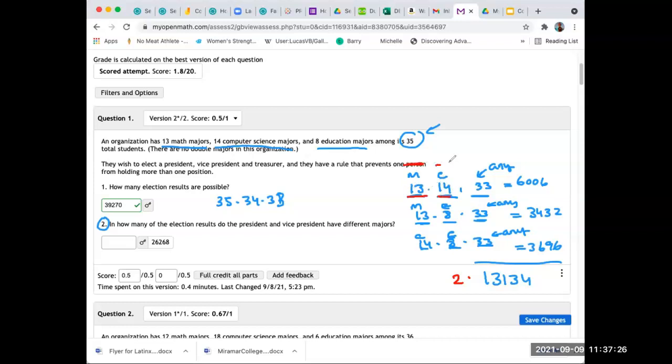So you could have the choice where the computer science person and the math person are interchanged. He could be president and she could be vice president. So you have to basically do it again with the math and computer science, but roles reversed, and here the same and here the same. So multiply everything by 2 and you're going to get the 26268. All right, does that make sense?